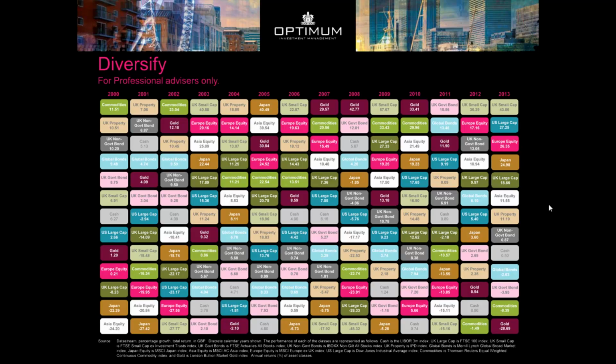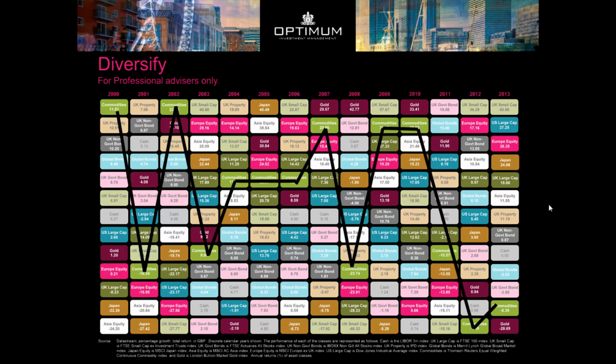If we look at commodities to start with, top performer in 2000, near the bottom in 2001, back to the top in 2002, a little bit of consistency in the mid-2000s, and up and down, up and down. Quite a volatile ride. And we see this pattern repeated for every asset class.